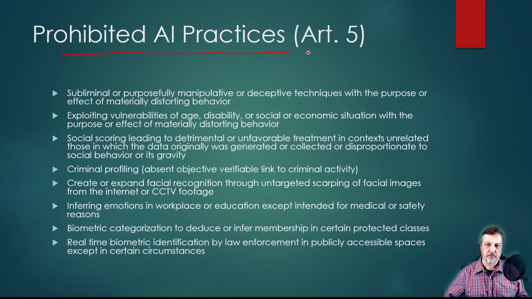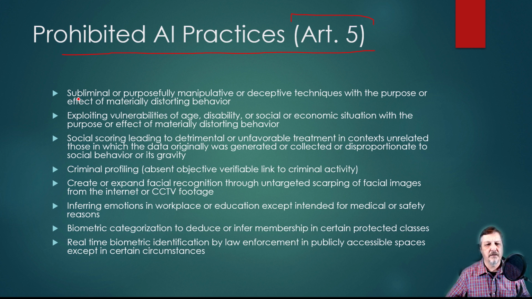So here are the prohibited practices in Article 5. Now, I'm not going to take time to read through all of them, and all I'm doing in these bullets is roughly summarizing. You really need to read them carefully to get all of the nuance, and we will go through all of these throughout the semester in different ways.